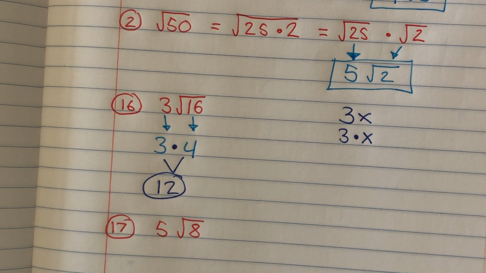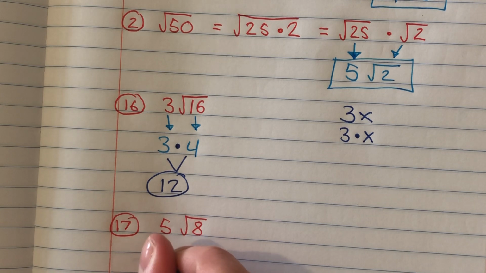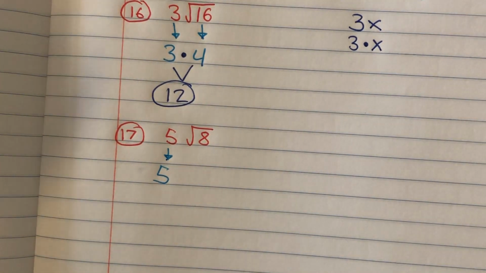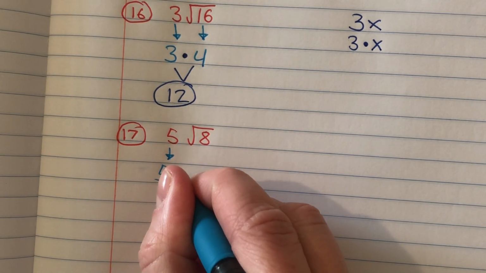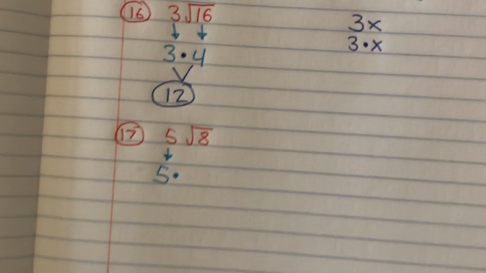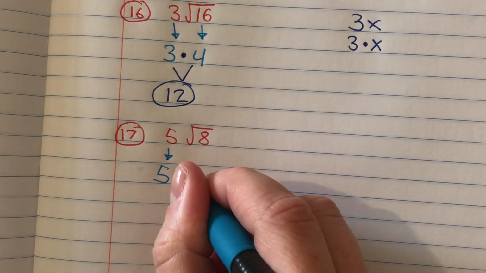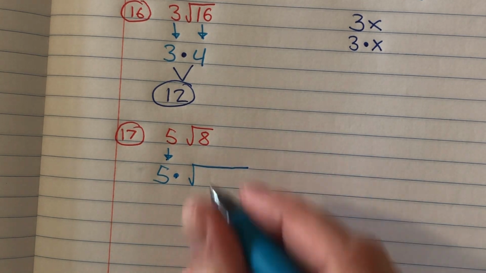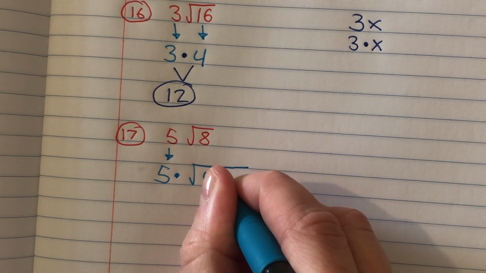So I'm going to solve this the same way. I'm going to bring down this 5. And I'm going to go ahead and write a multiplication sign there, just so I don't forget that I am ultimately multiplying. But now I have, instead of the square root of 8, the square root of 4 times 2.